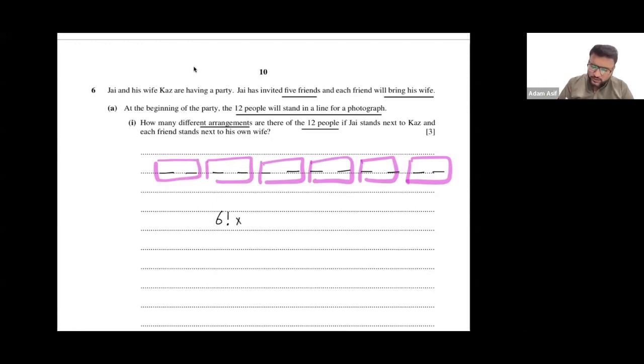And each couple can rearrange themselves in 2 factorial ways. For example, Jay and Kes can swap their places in 2 factorial ways. The other couples can also do the same thing. So it's 2 factorial to the power of 6, that is simply 2 to the power of 6. So 6 factorial times 2 to the power of 6 is 46080.